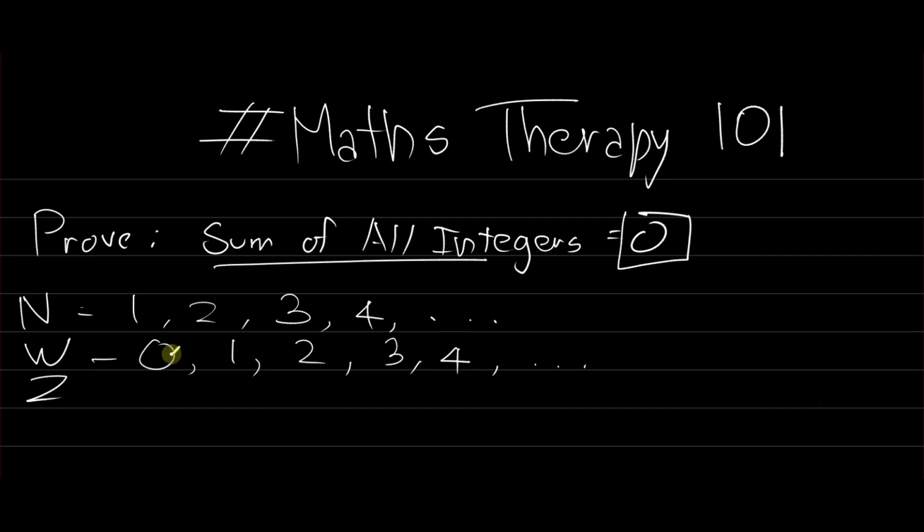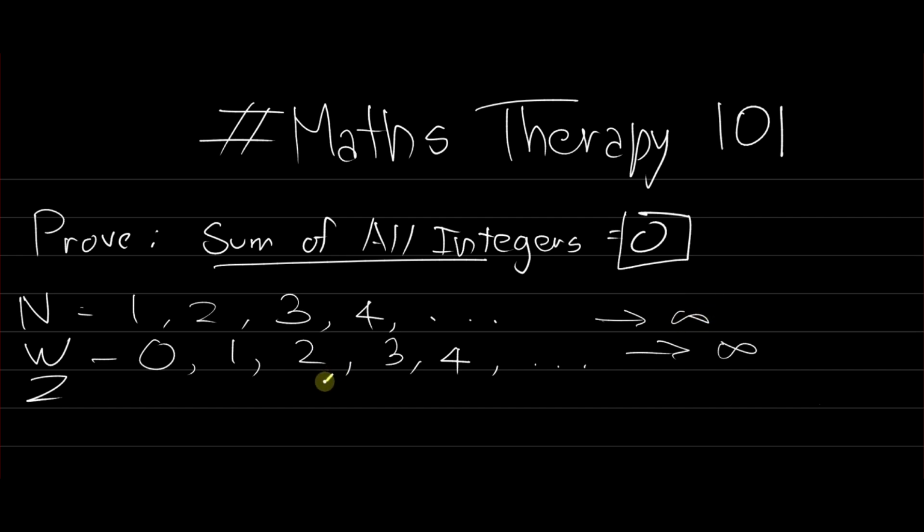They just keep on increasing. So if we took the sum of these two sets, it would come to be infinity, because it's just increasing in one direction. You just keep on adding, and you will get a rather big number, which we represent by infinity.